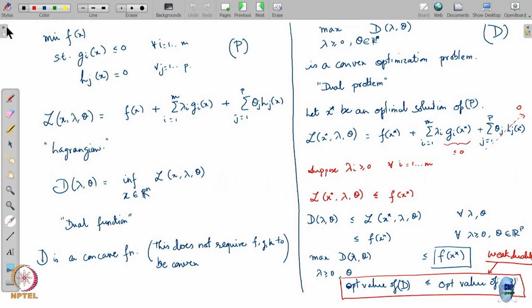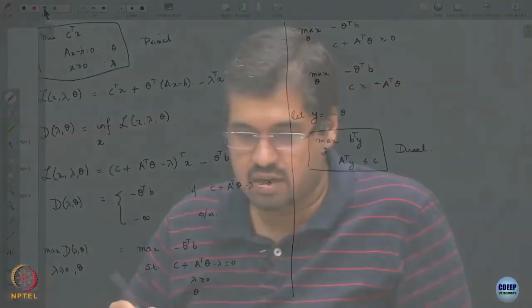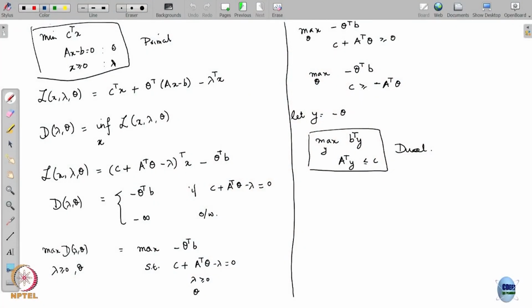So this is going to be our vehicle for talking of duality for convex optimization. I should also tell you that there is another connection here. The word dual is being used by multiple people in different senses.